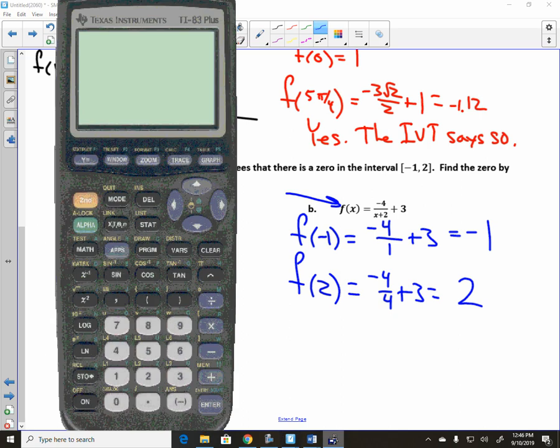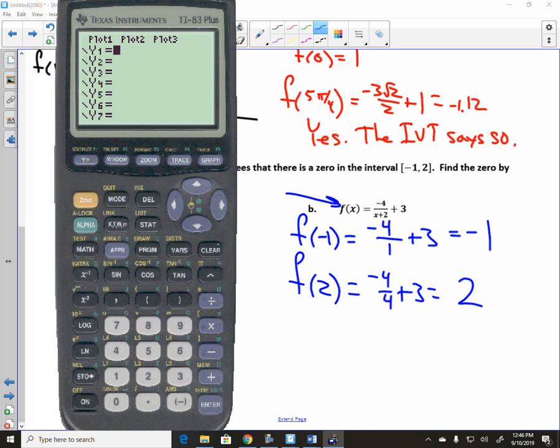Let's use our graphing calculator to actually find where it crosses. I type in this function, -4 divided by parentheses. Make sure you're using parentheses for the denominator, x plus 2. And we're going to add 3 to that. I'm going to zoom standard, and I'm hoping that I see this cross the x-axis. Does it appear to cross the x-axis? How do we find that spot? What do we press on our calculator?